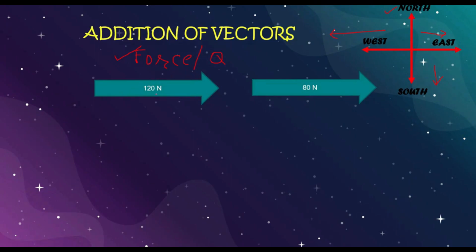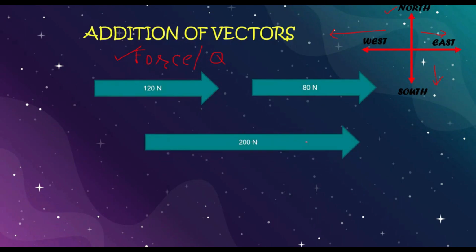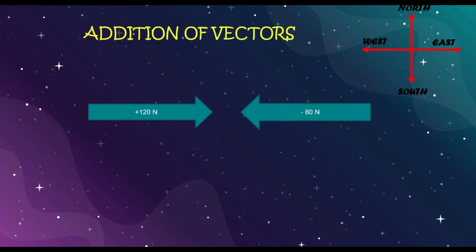So for example, if we have two forces working in same direction, in this case both of them are moving in east direction, then they will be directly added and the magnitude will increase. In another case, if two vectors are moving in opposite direction, one is of positive 120 newtons, another one is coming in opposite direction, its magnitude is minus 80 newton.